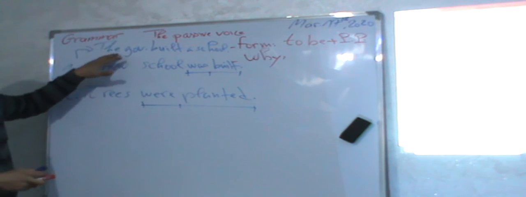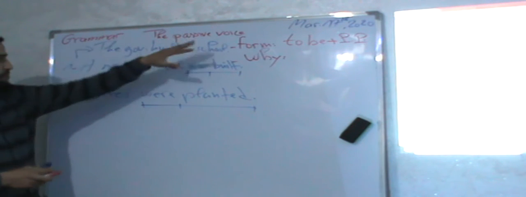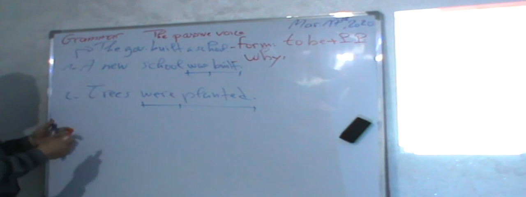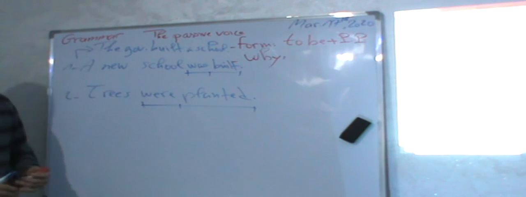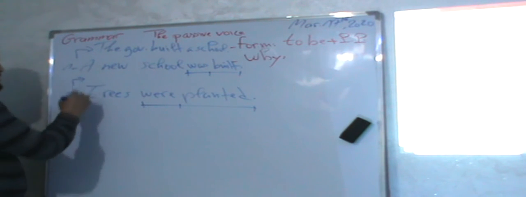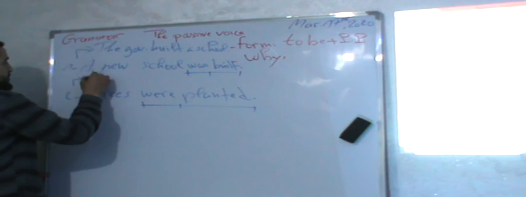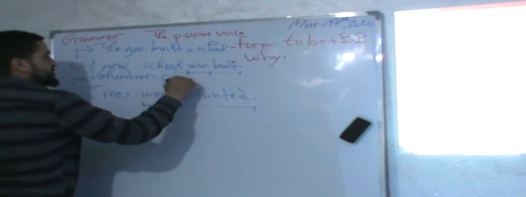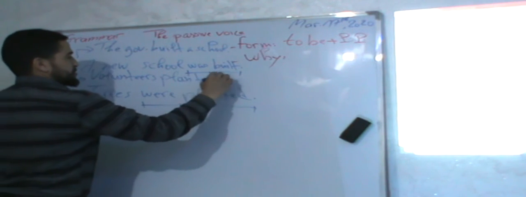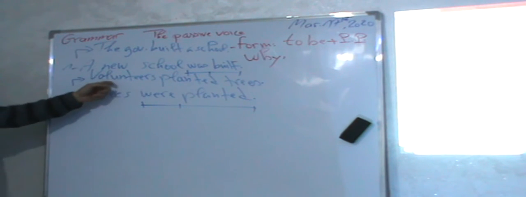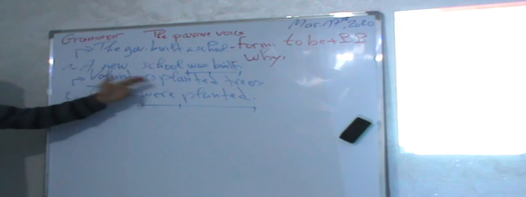So you can see the focus shifts from talking about who performed the action to what's been done. The same thing here: trees were planted. Somebody planted the trees. It could be volunteers planted trees. Again, this is the active voice, where we know who performed the action.